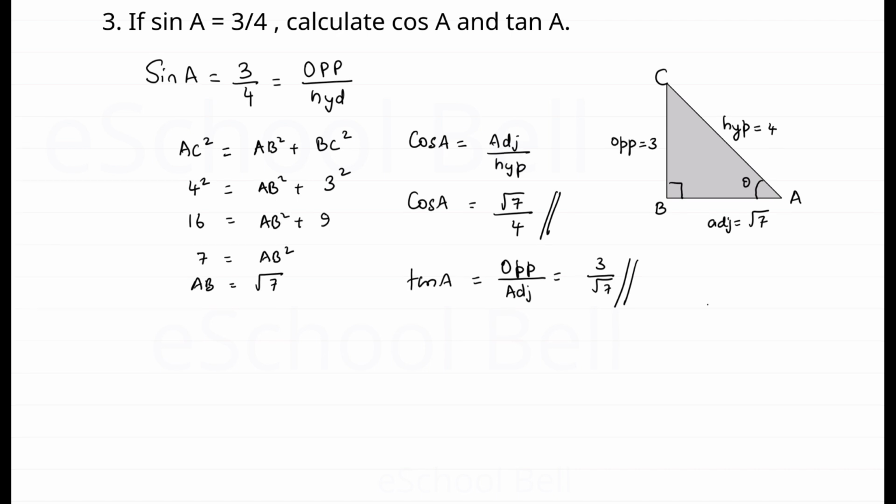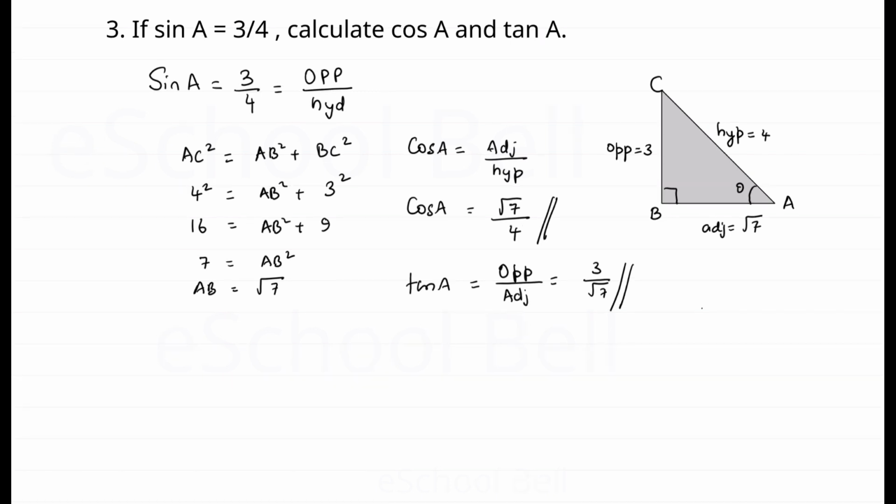Also, before we go into the next problem, I said that you can also solve this problem using trigonometry identities. So basically we have three identities. So we will use sine square A plus cos square A is equal to 1. So you know sine A is 3 by 4.